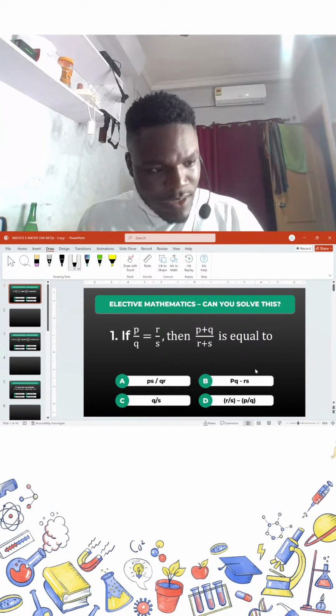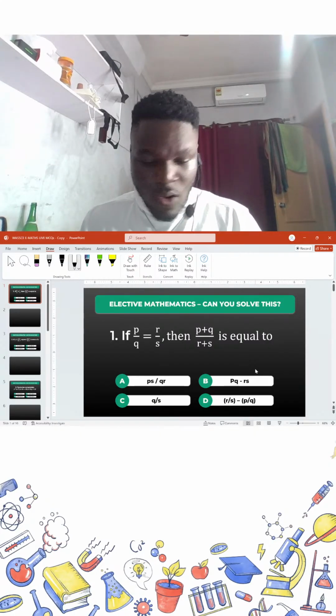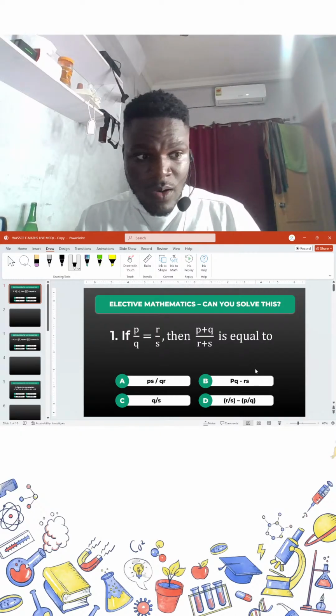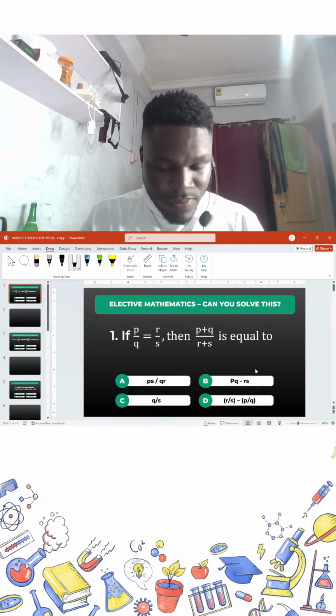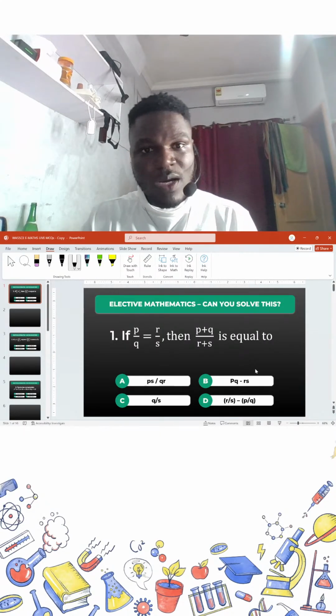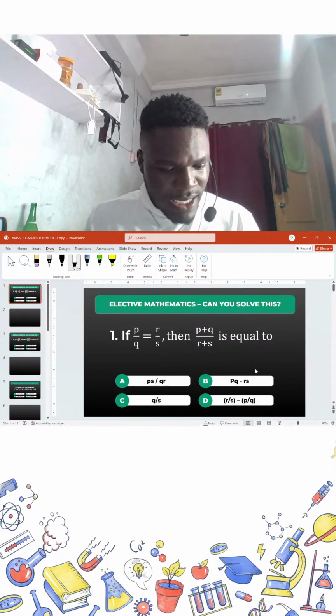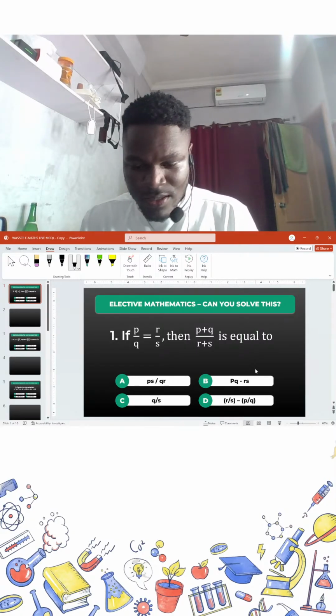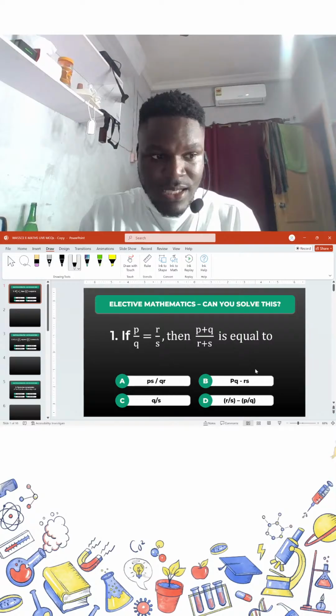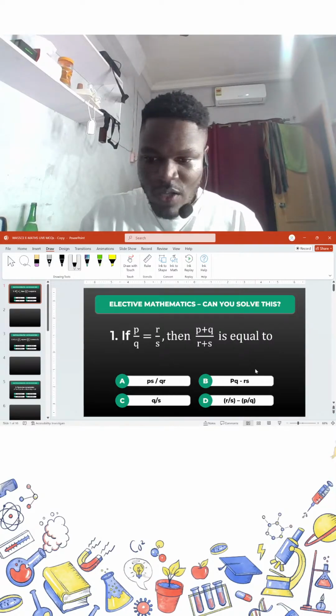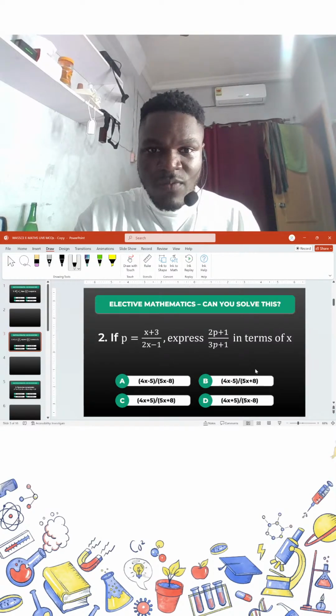So 2 days ago, we looked at core mathematics. We solved quite a lot of questions on algebra over there. But elective maths, we want to look at some algebra and other mathematics concepts like sets, how to rationalize sets, and all that. So in all, these are some of the questions that we have.